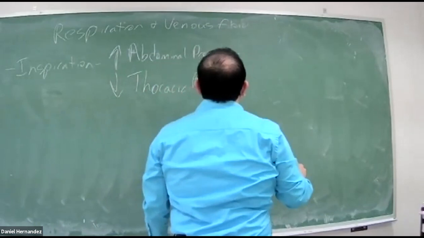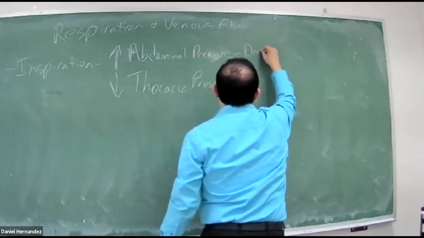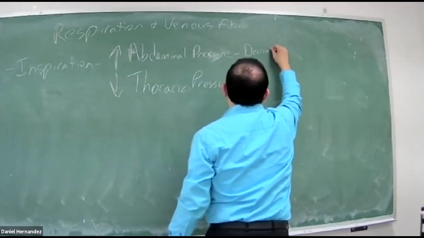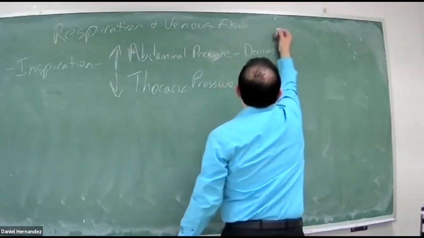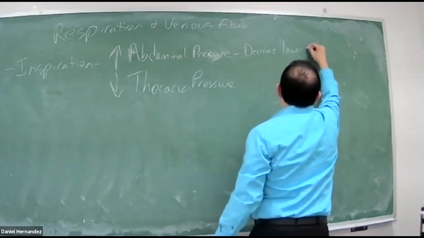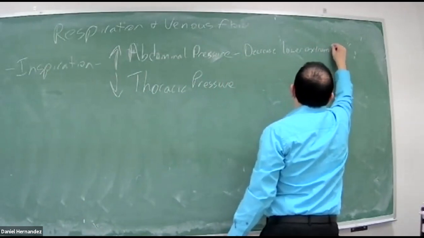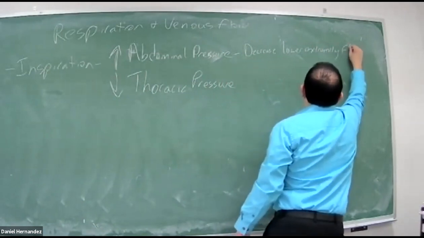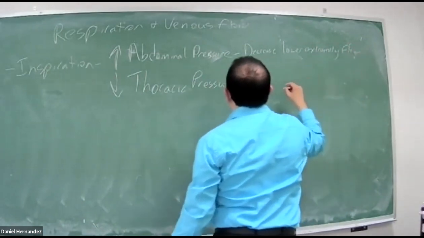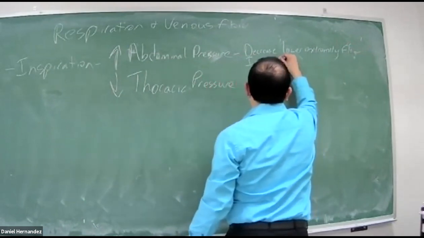If we increase abdominal pressure, we're going to decrease lower extremity flow. Increase upper extremity.